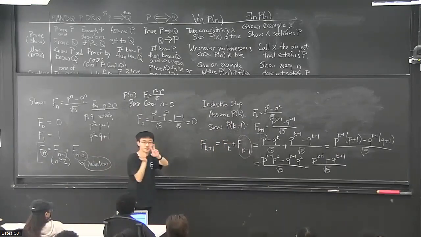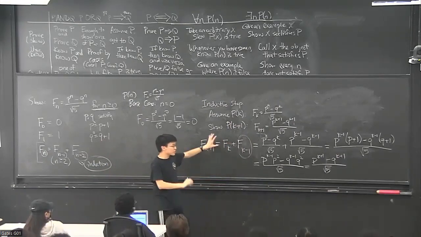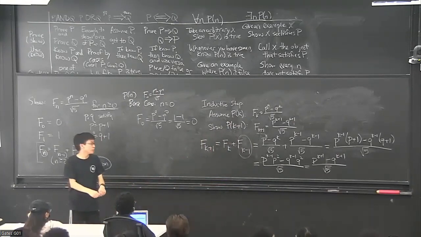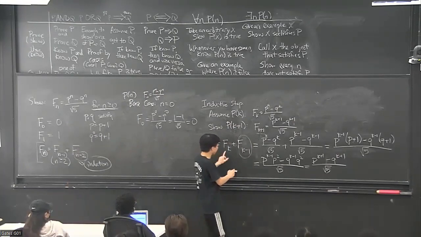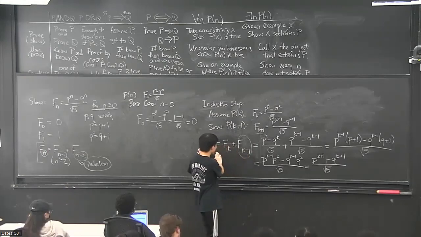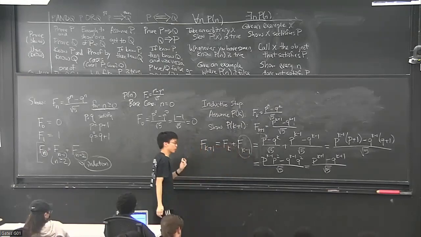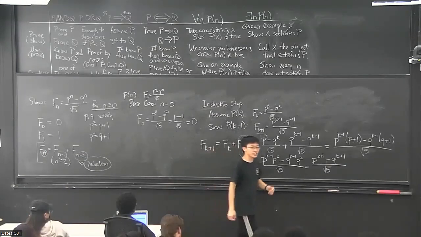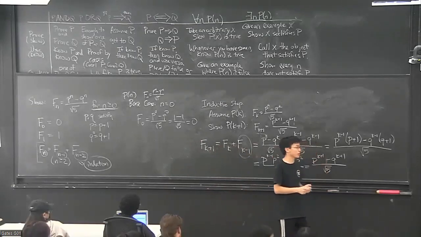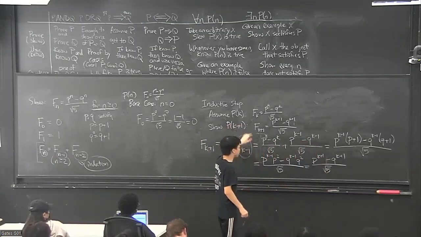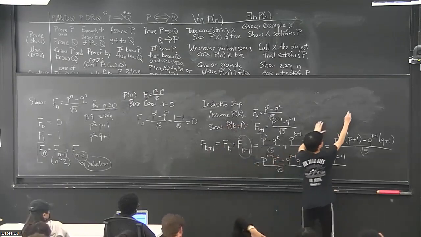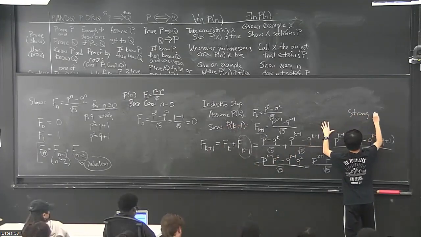P of negative 1 doesn't even exist. So this here isn't totally right yet, because you're relying on two things before, not just one. And since you're relying on two things before and not just one, you want to now use strong induction. So this is actually strong induction.